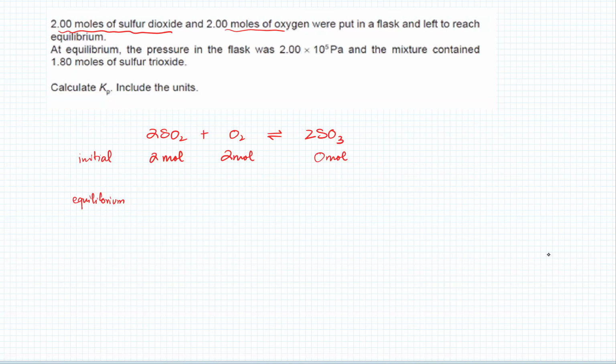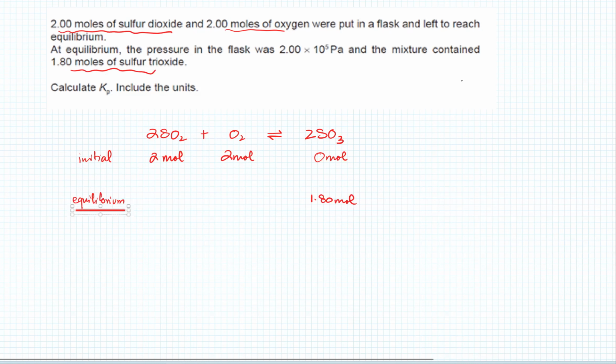What's left at equilibrium? At equilibrium, he's told us that you've got 1.80 moles of sulfur trioxide. That is the information provided.